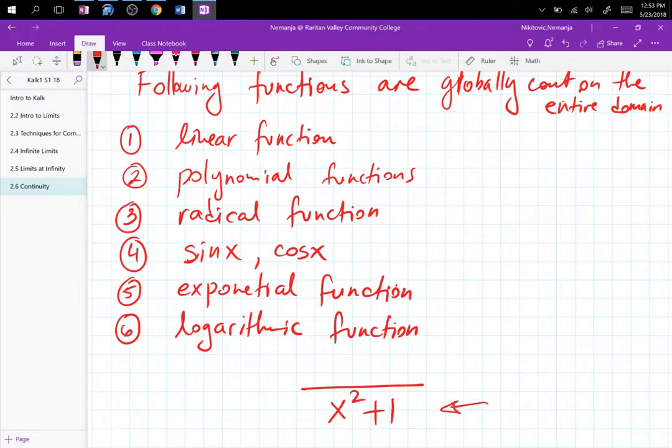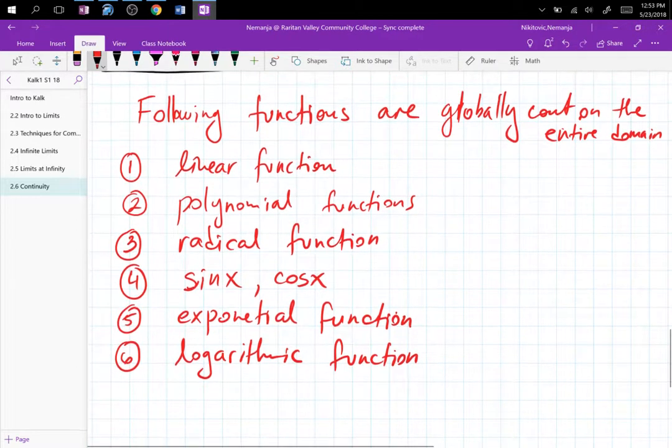Yes, but these exotic situations will be covered in the next theorem, which we are going to cover tomorrow, on combining continuous functions. So that's going to be addressed later. But these are the basic functions that you are dealing with.